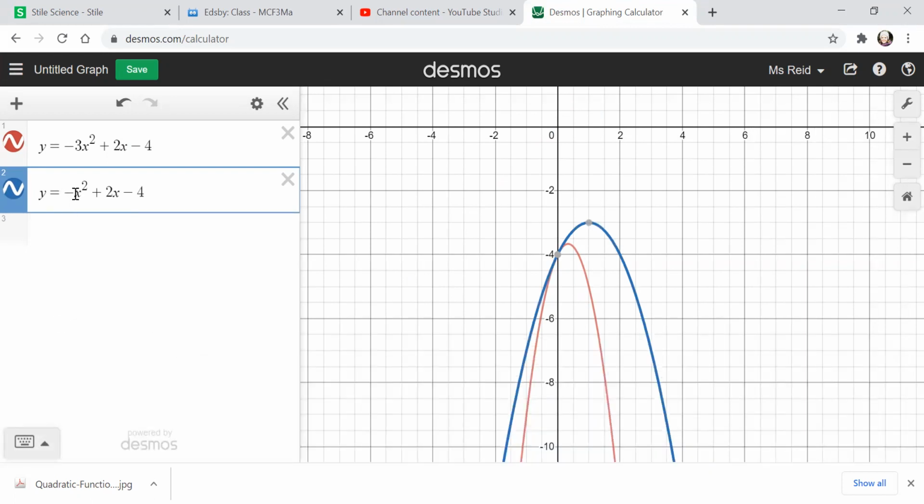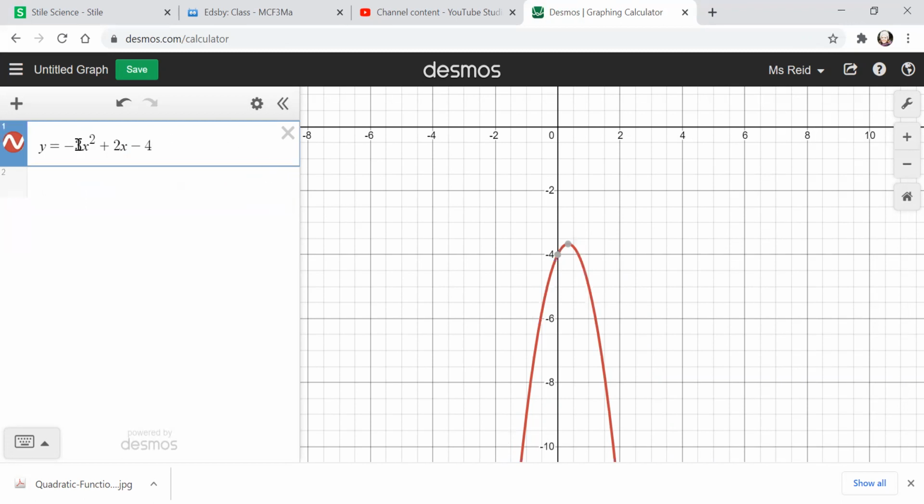The red one has an a value of 3, but the blue one has an a value of 1. Can you see that the red one is definitely skinnier than the blue one? I'm hoping you guys can see that okay. So the red one is stretched compared to the blue one, which does not have an a value of 3. So the a value makes it open down and stretched because it's a negative and it's a 3. And then the y-intercept is -4.